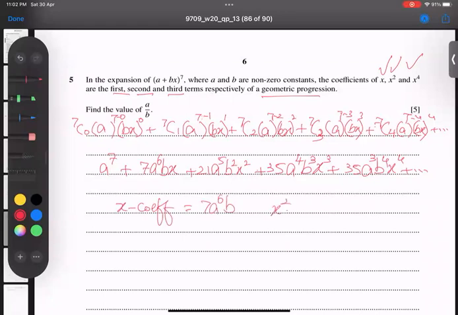This whole is called the x squared coefficient. So let's take that equals 21a to power 5b to power 2. And the x to power 4 coefficient is clearly 35a to power 3b to power 4. Don't include x.